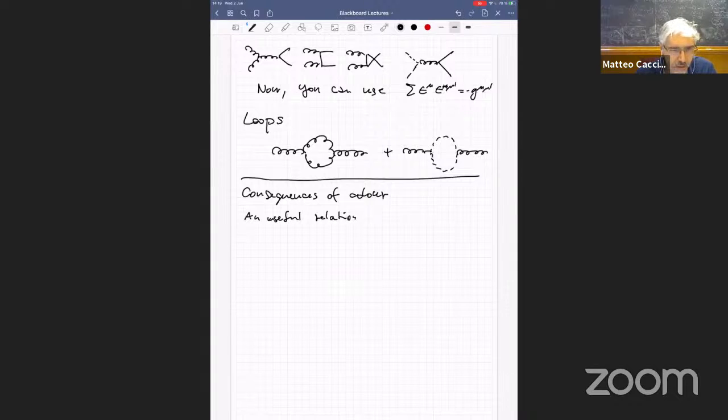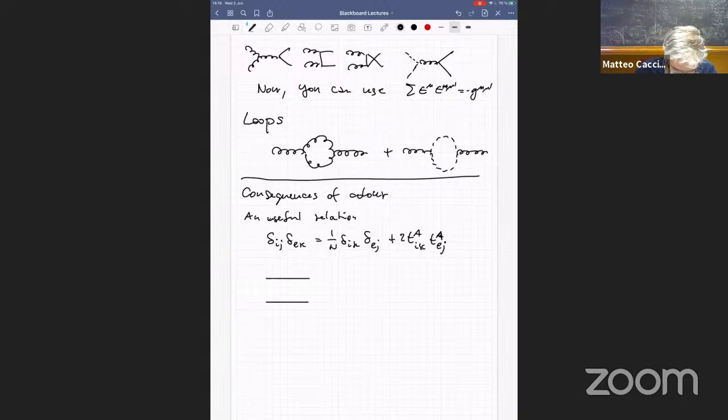The relation is essentially the following. Let me just write it down. N is the number of colors: delta ik delta lj plus 2 ta ik ta lj, with an implicit sum over a. This can be represented in the following way.